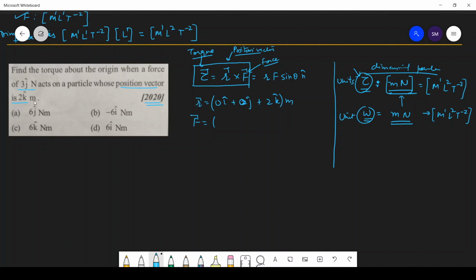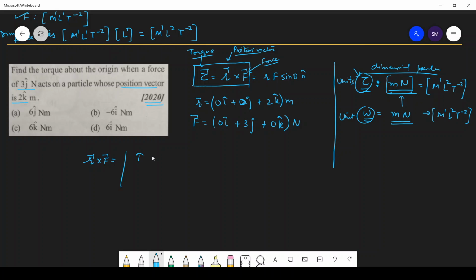So now let us write force. Force is 3j. In x there is no component of force in x direction. There is 3 Newton force acting only in the y direction, and again there is no force acting in z direction. So that's the force. Now r cross f, how do we write it?